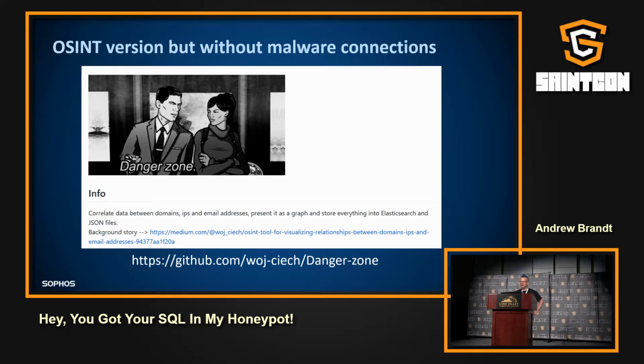Just in the last week, actually just on Friday, I stumbled upon this brand new GitHub project created by a couple of people, called Danger Zone. Essentially it's everything I just mentioned about Billiard Room minus the malware behavioral stuff.